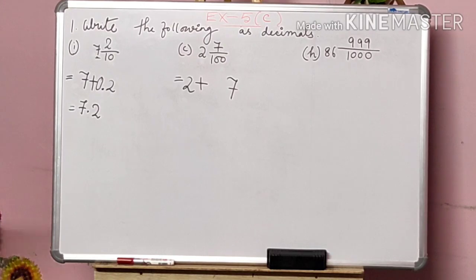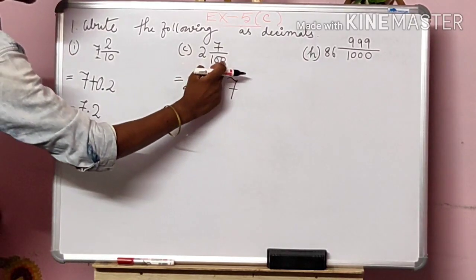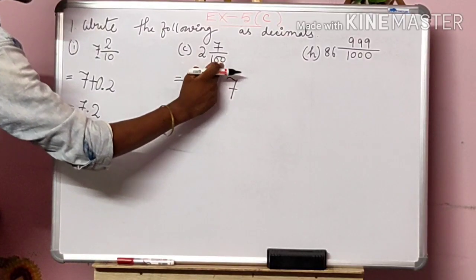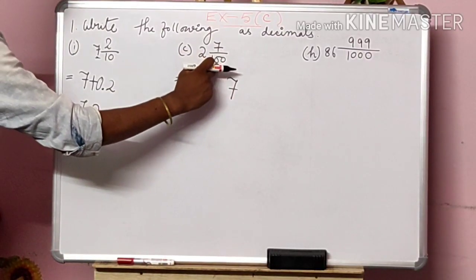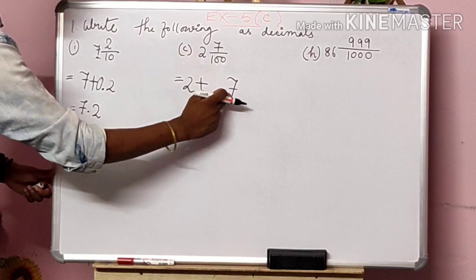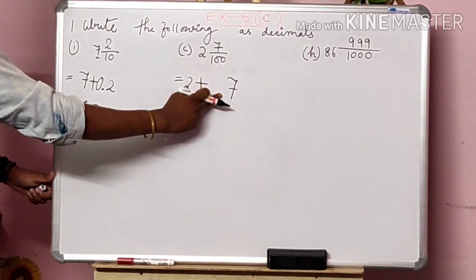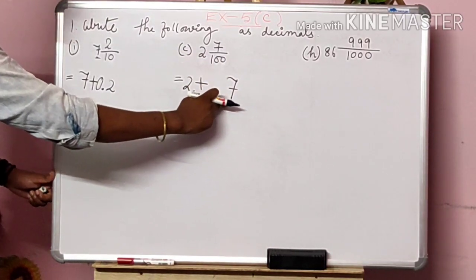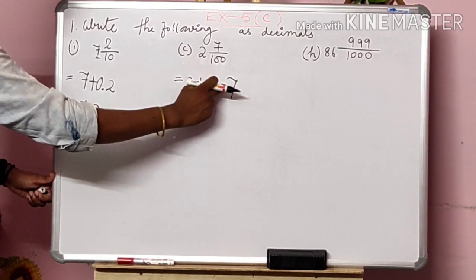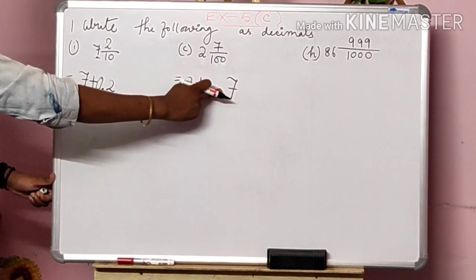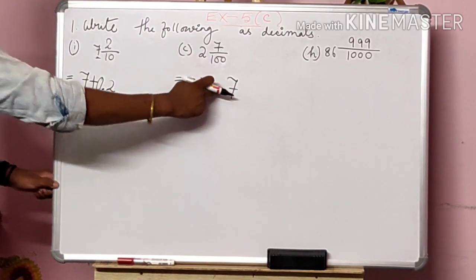Now we have to see the number of zeros present in the denominator. How many zeros are there? There are 2 zeros, no? Can you see that in 100 two zeros are present? So we have to put the decimal before 2 numbers. But I can see there is only one number, 7. Are there two numbers? No, there are not. So we have to make it two numbers.